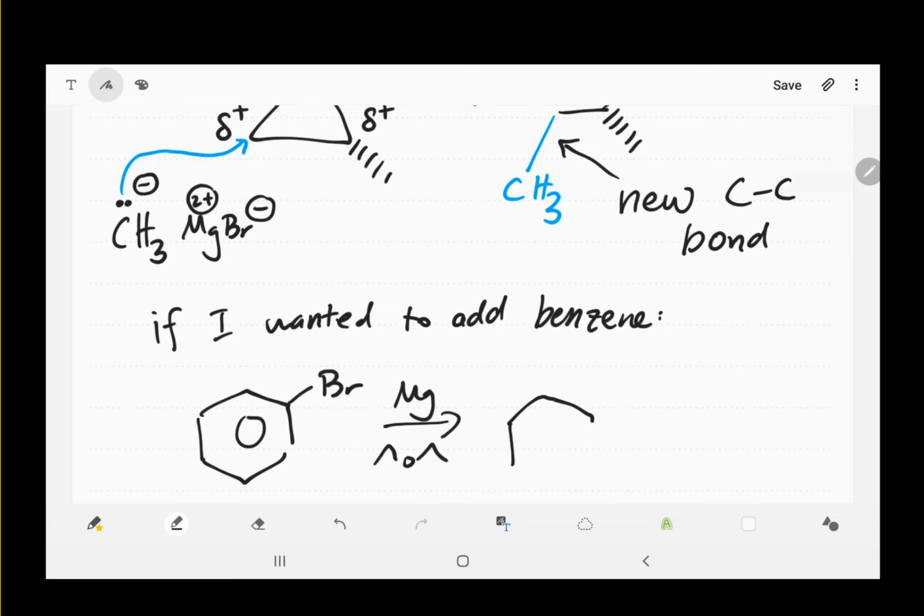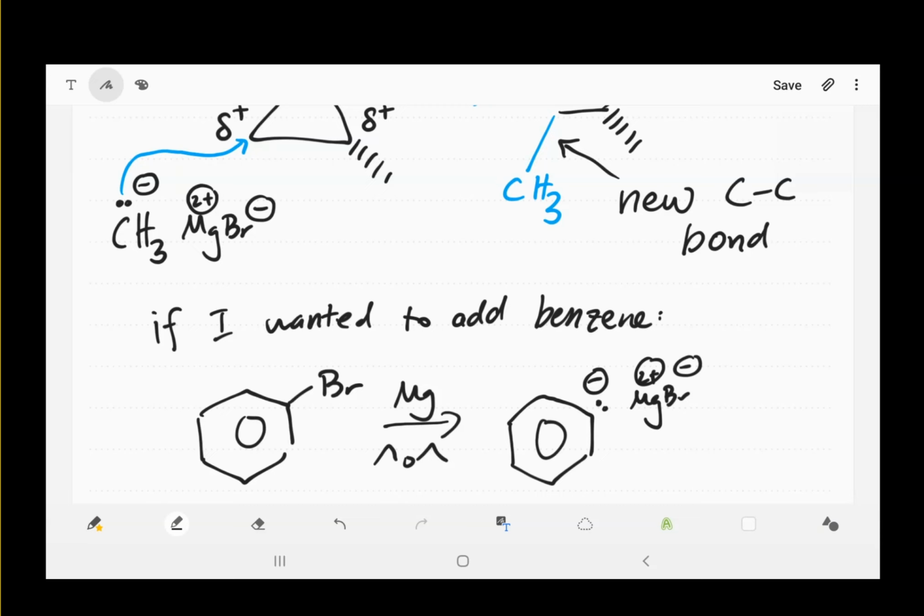You now will get essentially your negative charge there stabilized by the magnesium bromide. Now you can use that as a nucleophile. If I wanted, I could go ahead and now attack some electrophile, something positive, and there we have it.